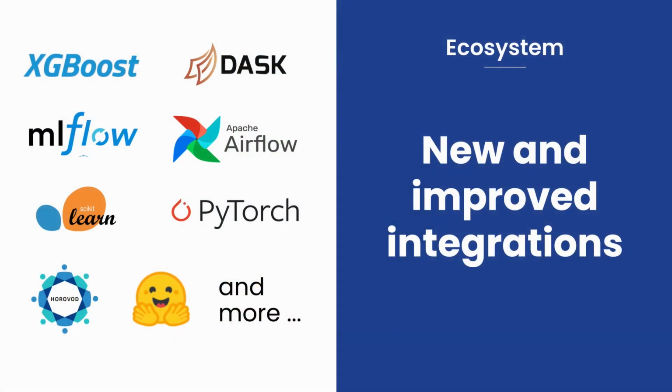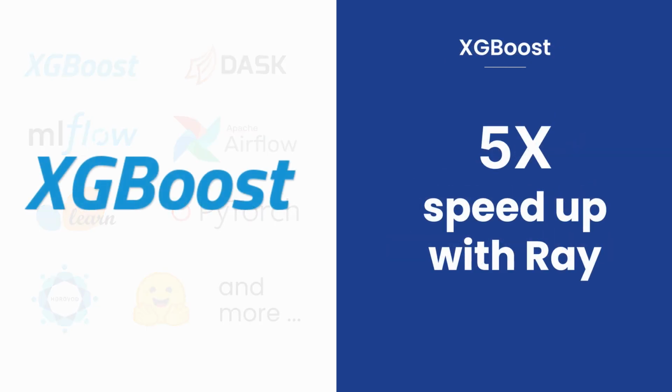So what's new with the ecosystem? Since our last summit, there's been a ton of effort to ensure that the best libraries for machine learning run on Ray, and that Ray is the best way to scale these libraries. XGBoost is one example, and you'll hear at this summit how Uber has sped up training by 5x by deploying XGBoost on Ray.